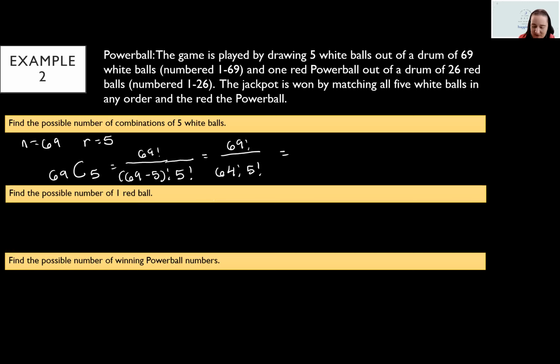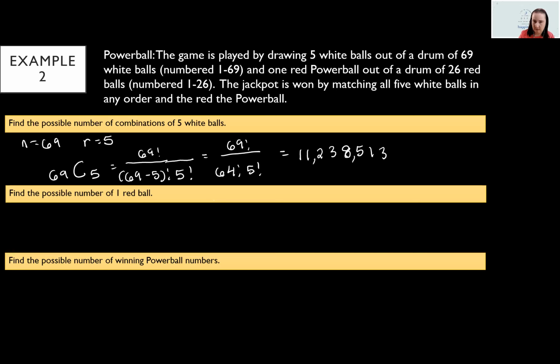When I do this, I get 11,238,513. So 11,238,513 ways to arrange 5 white balls when there's 69 numbers there.